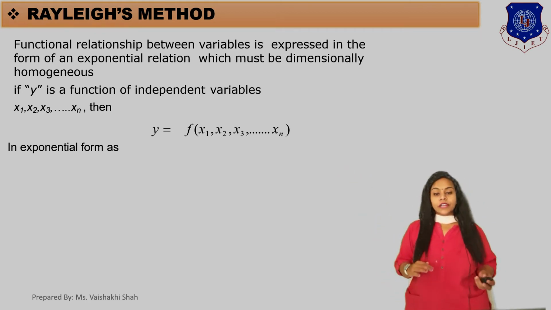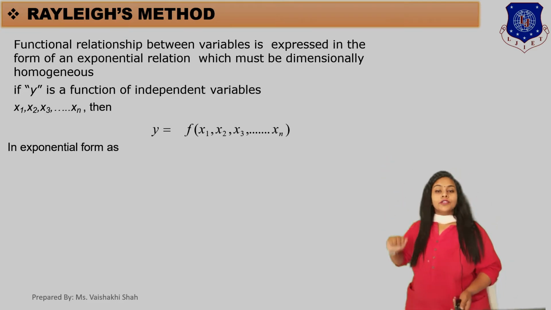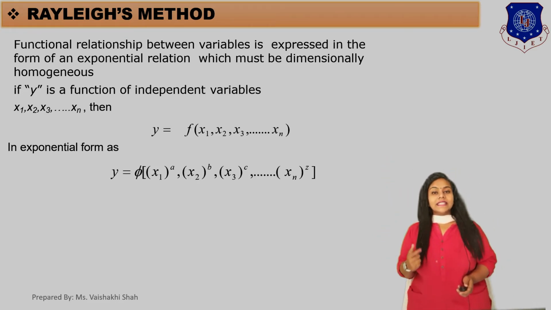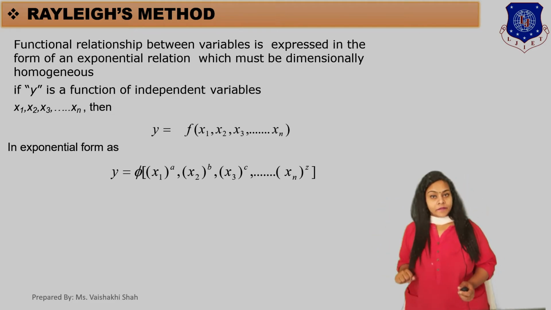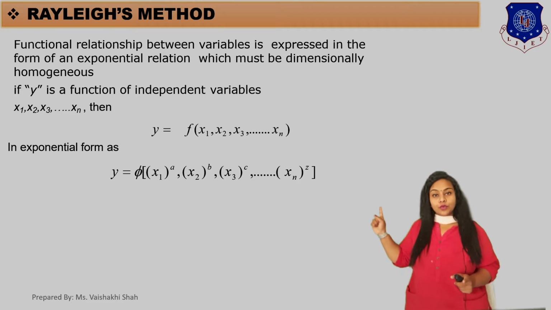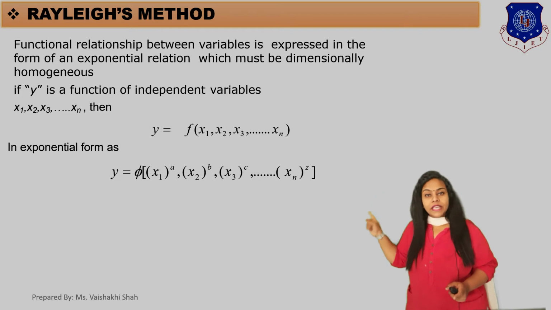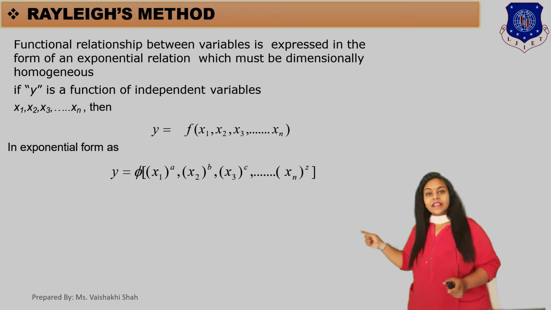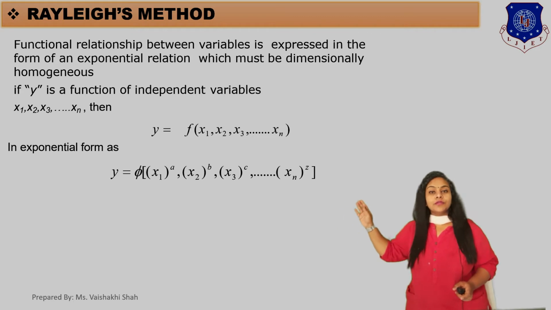In exponential form it is written as y equals phi bracket x1 raised to a, comma, x2 raised to b, comma, x3 raised to c, up to xn raised to z.